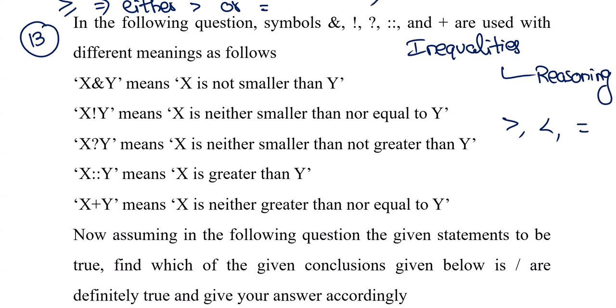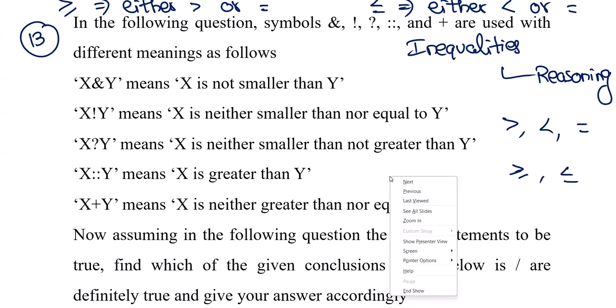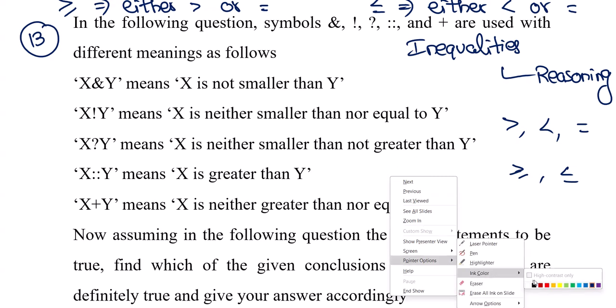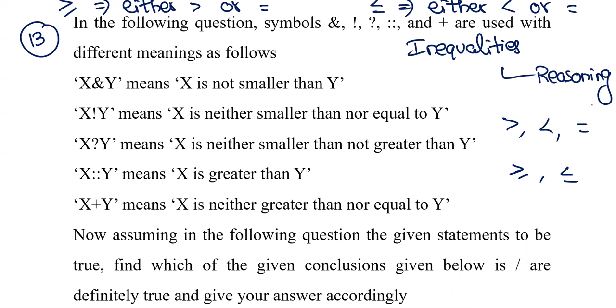Okay, this should be read as either less than or equal. Don't say just less than or equal, either or, either is to be used. That also will decide a few question answers. So reading properly is also important. That short note: either greater than or equal, either less than or equal.